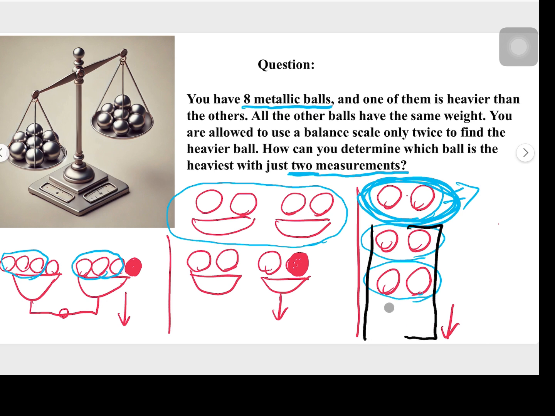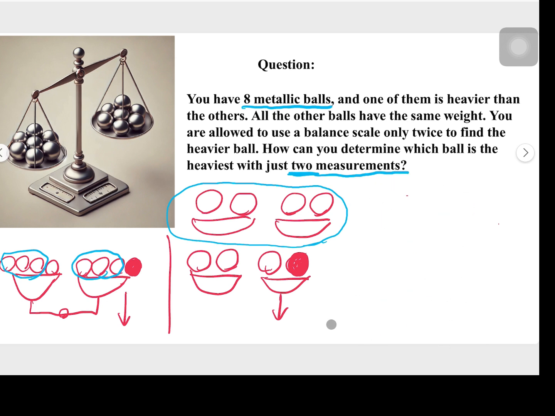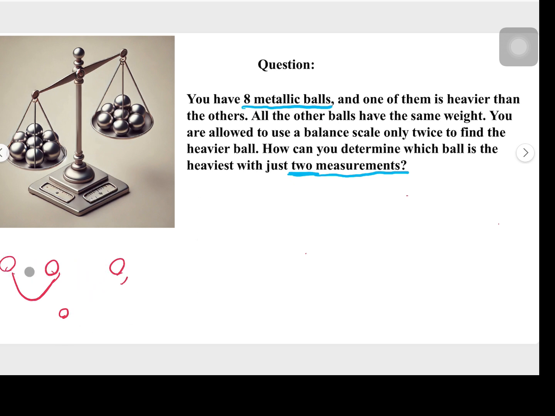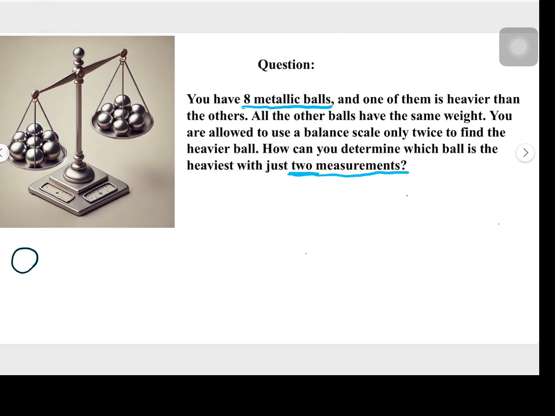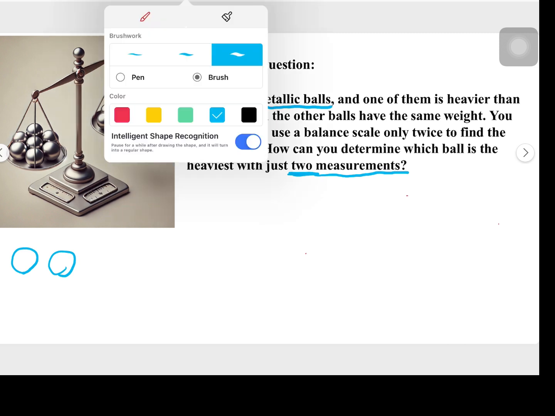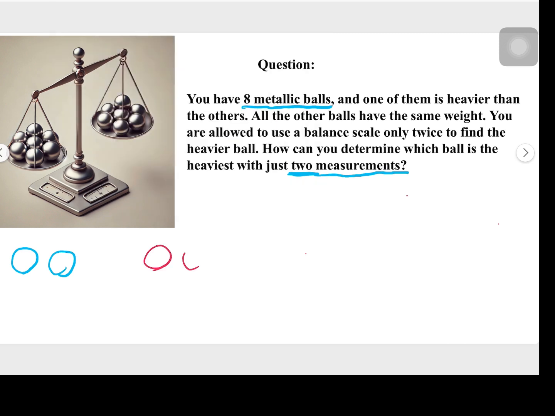Okay, let's talk about it in more detail. I don't put 2 balls on the scale. I assume that they are balanced. And if it is so, I measure 3 other pairs.